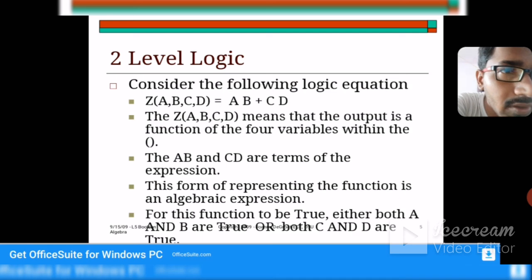This form of representation of the function is an algebraic expression. For this function to be true, either both A and B are true or both C and D are true. We will discuss it later.